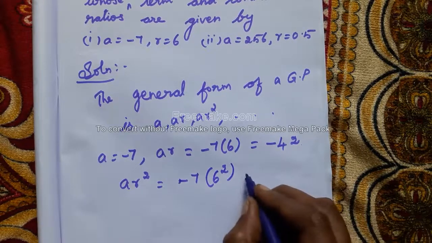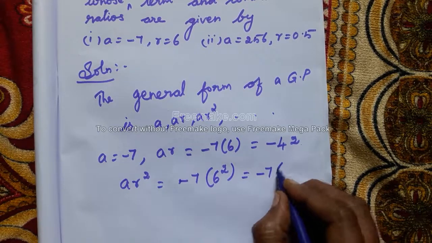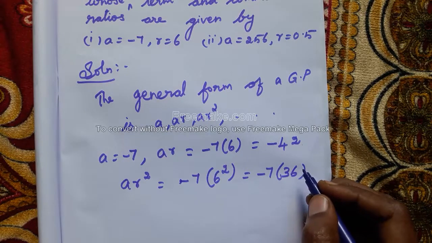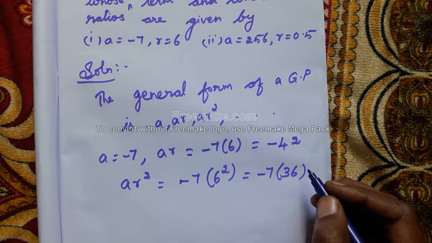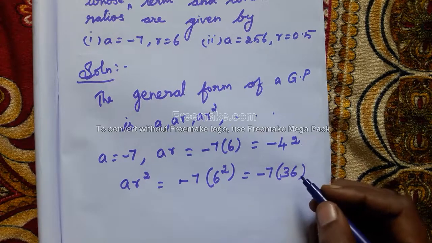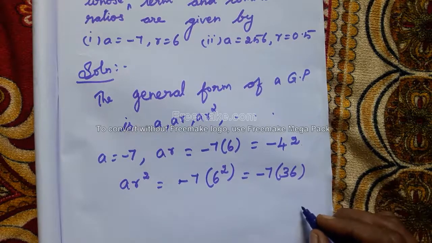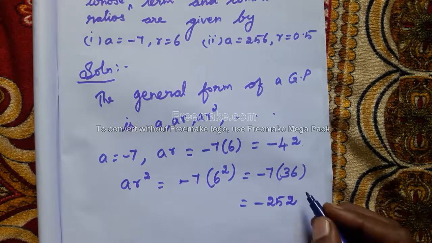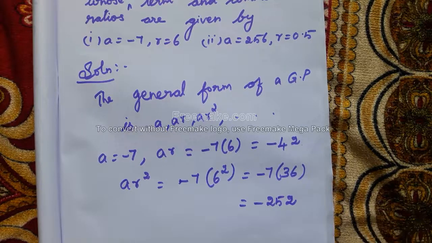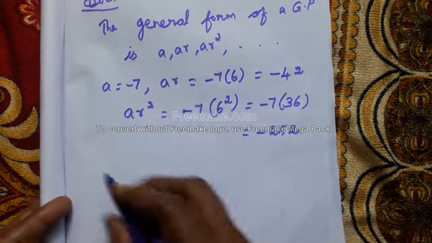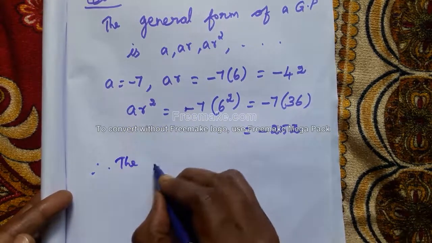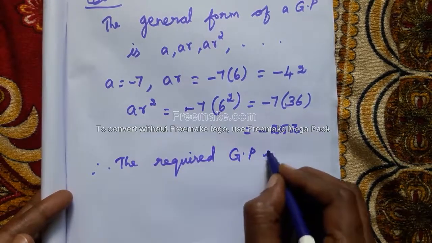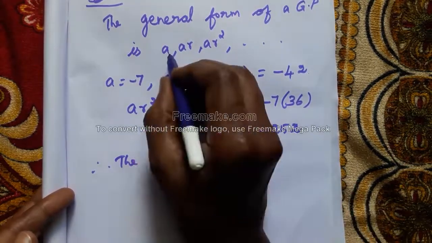So it is equal to minus 7 into 6 6s are 36. When we are multiplying, what will we get? 36 into 7, 252, is equal to minus 252. Okay. Clear, students? Therefore, the required GP is A.